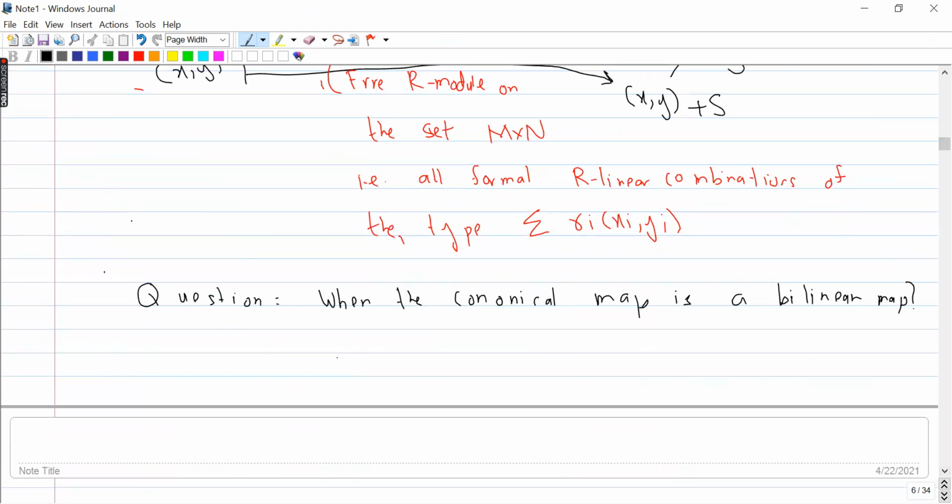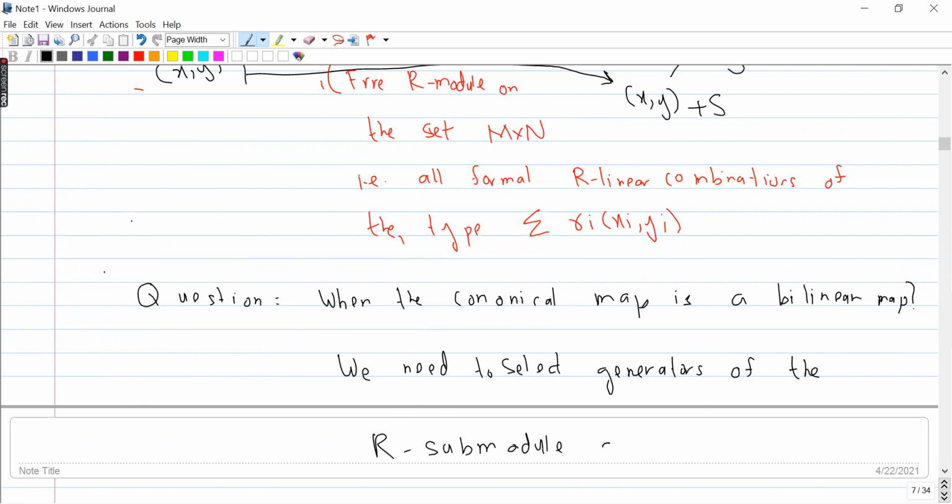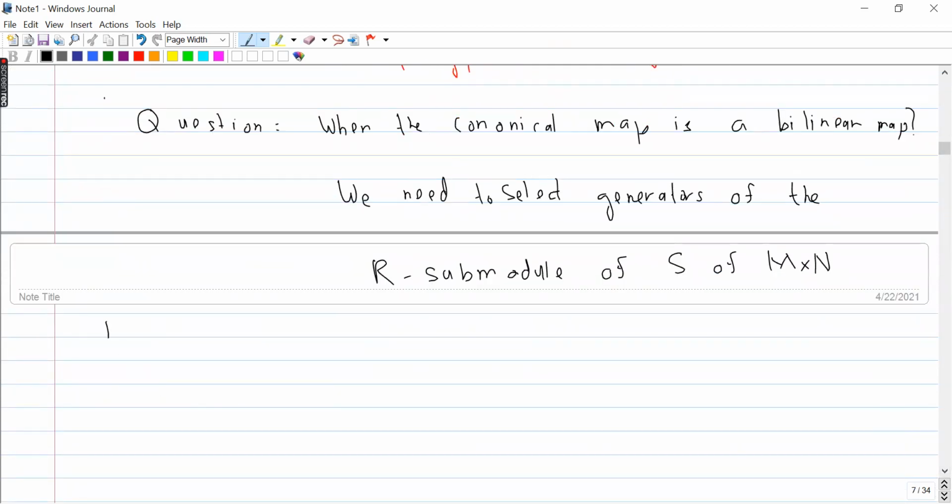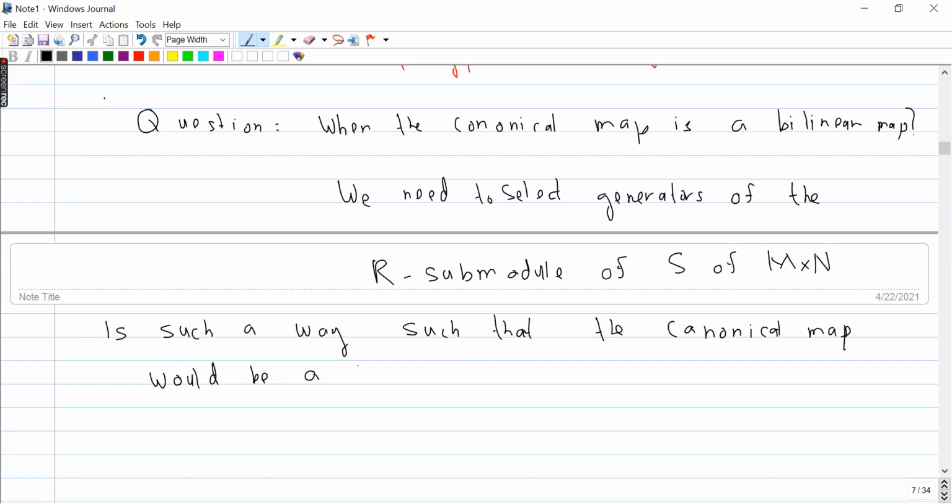So actually we need to select generators of the R submodule S of M cross N in such a way that the canonical map would be a bilinear map.